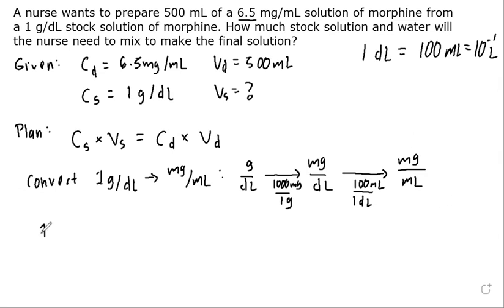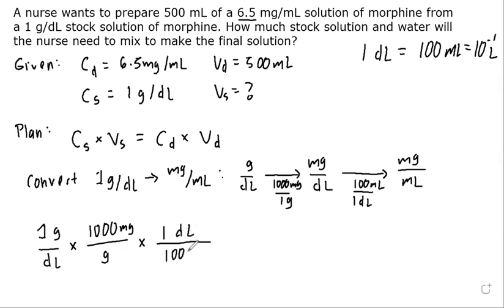So let's plug this in. We have 1 gram per deciliter times 1,000 milligrams per gram times, for every 1 deciliter, there's 100 milliliters. Let's flip that here too.